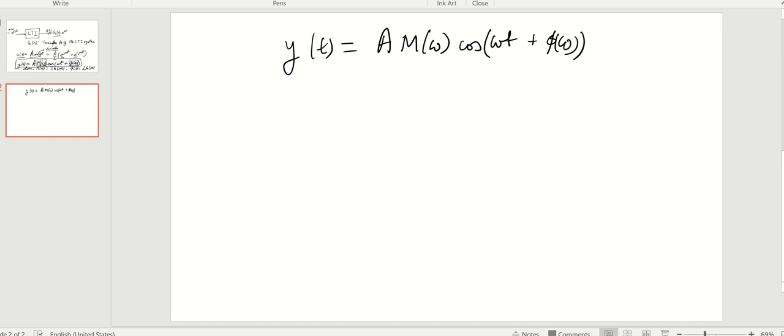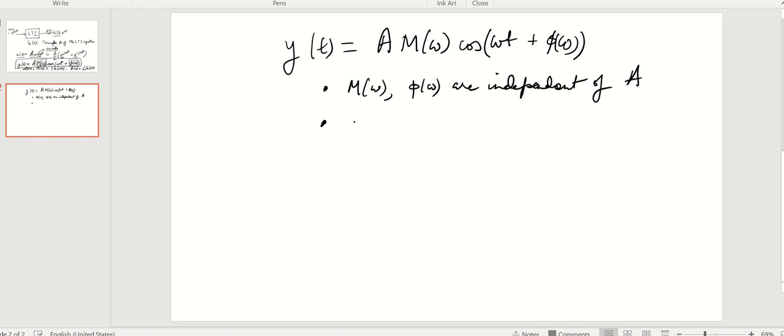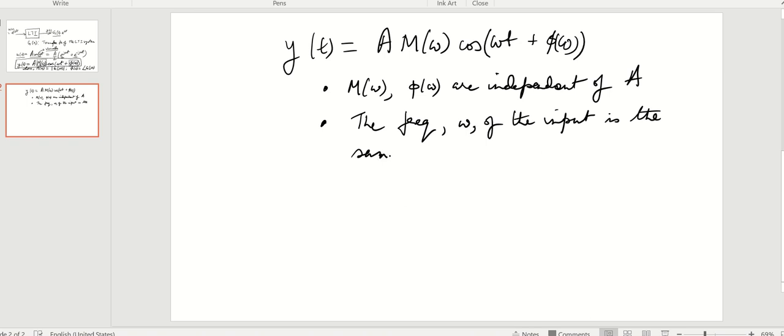Notice first, m of omega and phi of omega are independent of a. And second, the frequency omega of the input is the same as that of the output.